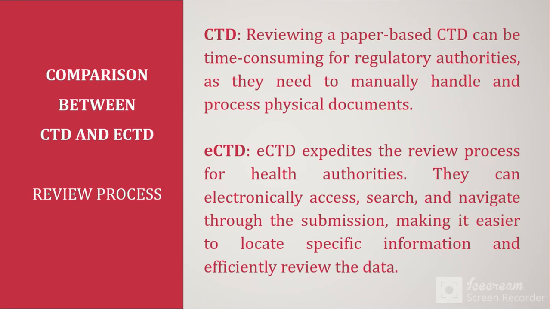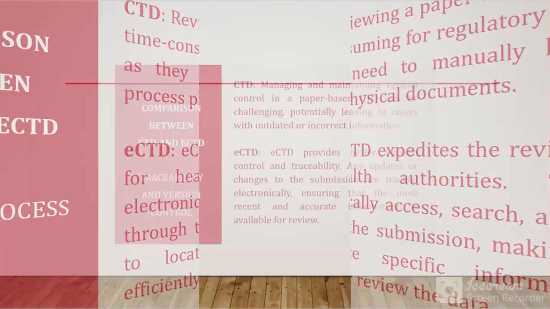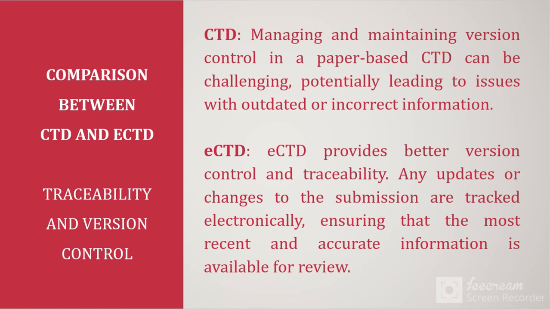This expedites the review process and allows for more efficient communication between the regulatory agencies and pharmaceutical companies. Based on review process, CTD. Reviewing a paper-based CTD can be time-consuming for regulatory authorities, as they need to manually handle and process physical documents. ECTD. ECTD expedites the review process for health authorities. They can electronically access, search, and navigate through the submission, making it easier to locate specific information and efficiently review the data.